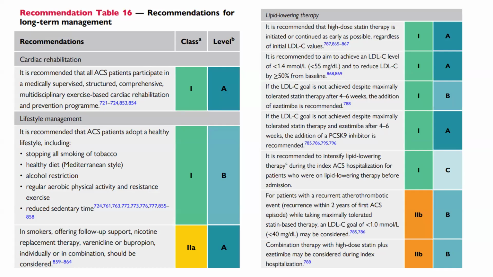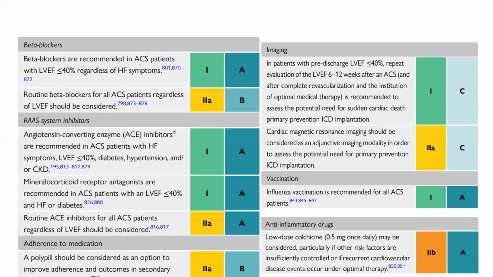For patients with recurrent arterial thrombotic events, i.e. recurring within 2 years of first ACS while taking maximum tolerable statin-based therapy, your LDL goal goes to less than 1 instead of the 1.4. Combination therapy with high-dose statin plus ezetimibe may be considered during the index hospitalization. We've mentioned this earlier.